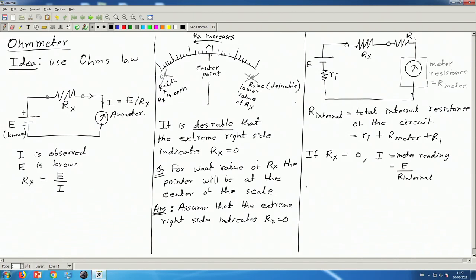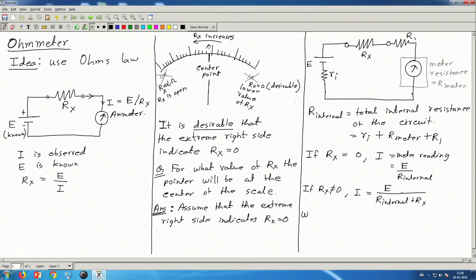And for other values of Rx, I is equal to E divided by R internal plus Rx, because Rx and R internal are in series. R internal is all these resistances and Rx is here. So, if I add them, I get the total circuit resistance, and if I divide E by the total resistance, I get the meter reading current I.